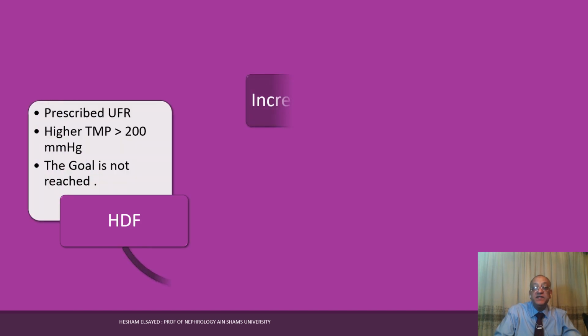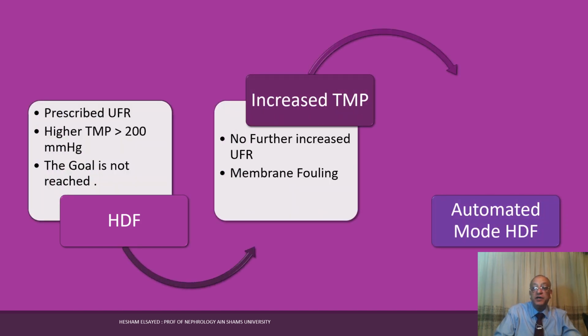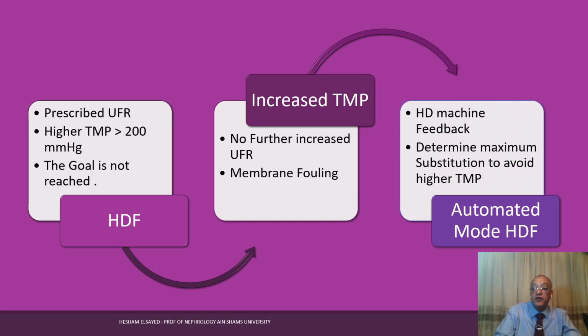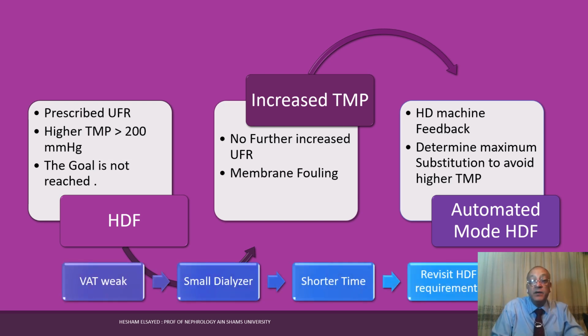So a dialyzer specifically for hemodiafiltration is required to have a good sieving coefficient and higher ultrafiltration coefficient to maintain that without increasing the transmembrane pressure. So using the machine in automated mode, you can have the maximum QF. If you have a vascular access weakness or small dialyzer or shorter time, you have to revisit your hemodiafiltration prescription.